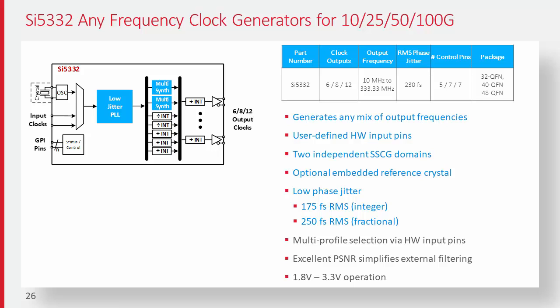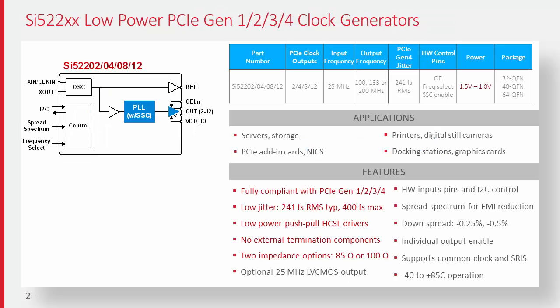Other than the any-frequency clock generator, we also have a family of PCI-specific clock generators, the 52200 family. The 52200 family PCIe clock generator supports 2, 4, 8, and 12 outputs. It only needs a standard external 25 megahertz crystal, and the output frequency is of course 100 megahertz, but you also have options for 133 megahertz and 200 megahertz.